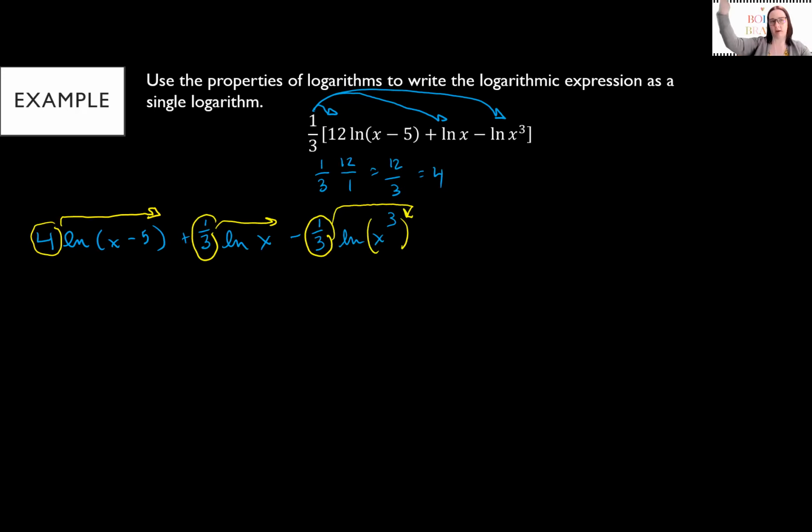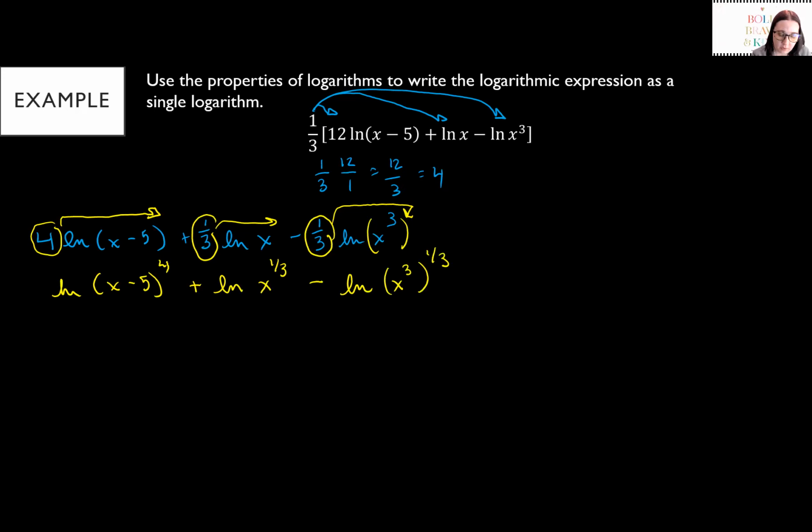So we're going to have two exponents, an exponent on top of an exponent, that you're going to simplify using our rules of exponents. So we're going to get the natural log of x minus 5 to the 4th plus the natural log of x to the 1/3 minus the natural log of x cubed to the 1/3.